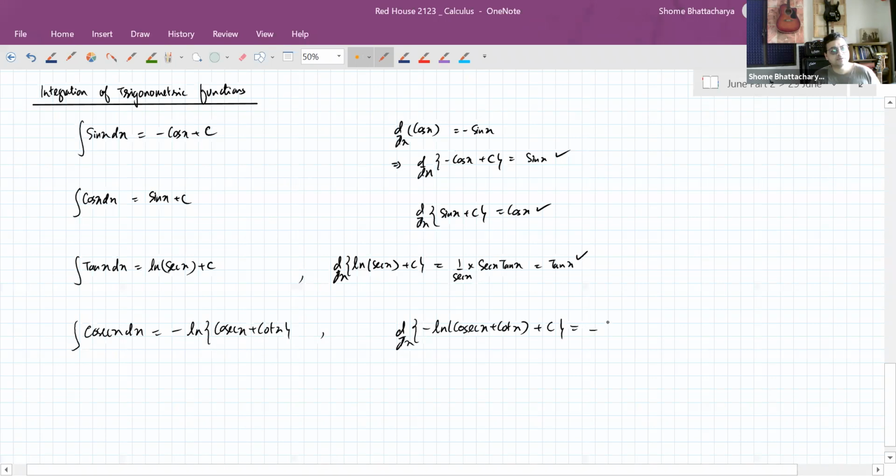So it's minus of 1 upon cosec x plus cot x into differentiation of cosec x plus cot x. Now remember, differentiation of cosec x is minus cosec x cot x, and differentiation of cot x is minus cosec square x. So this becomes, if you take minus cosec x common in the numerator, we are left with cosec x into cot x plus cosec x.